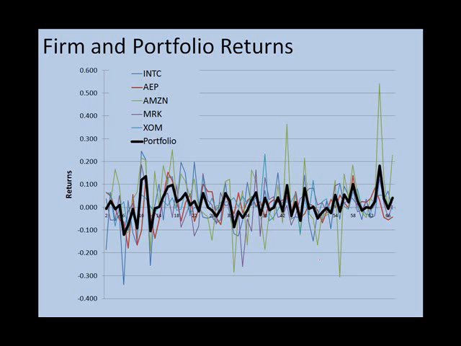But the portfolio returns, we never see negative returns in excess of minus 12%, and we never see positive returns greater than 20%. This is because the good firm-specific events cancel out with the bad firm-specific events, so we get smoother returns. This is risk reduction.